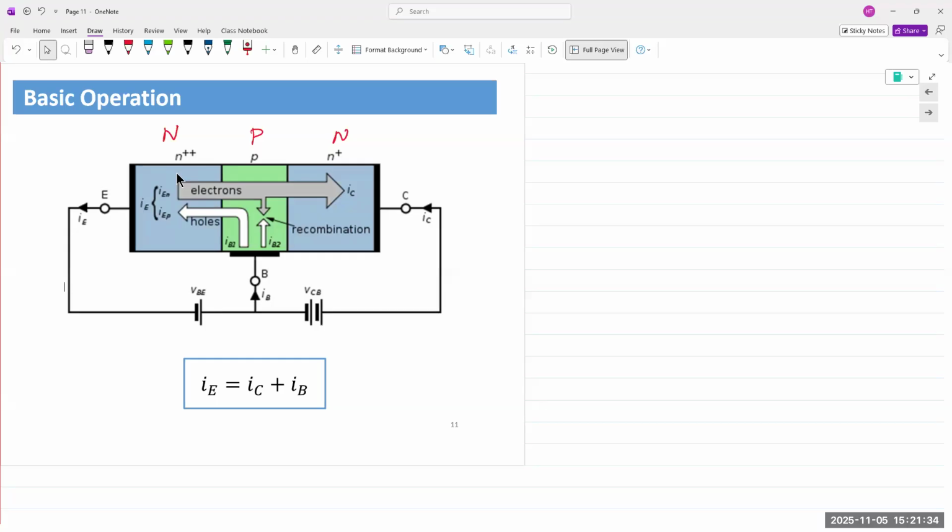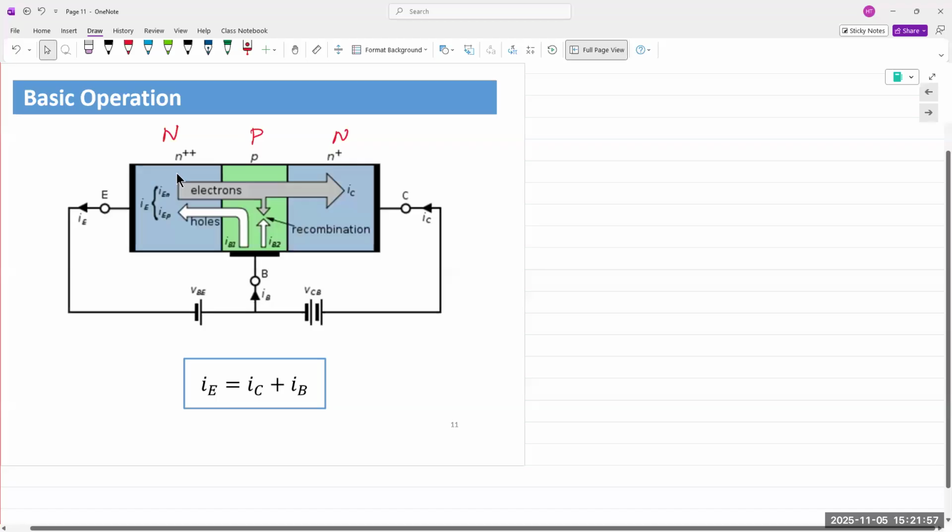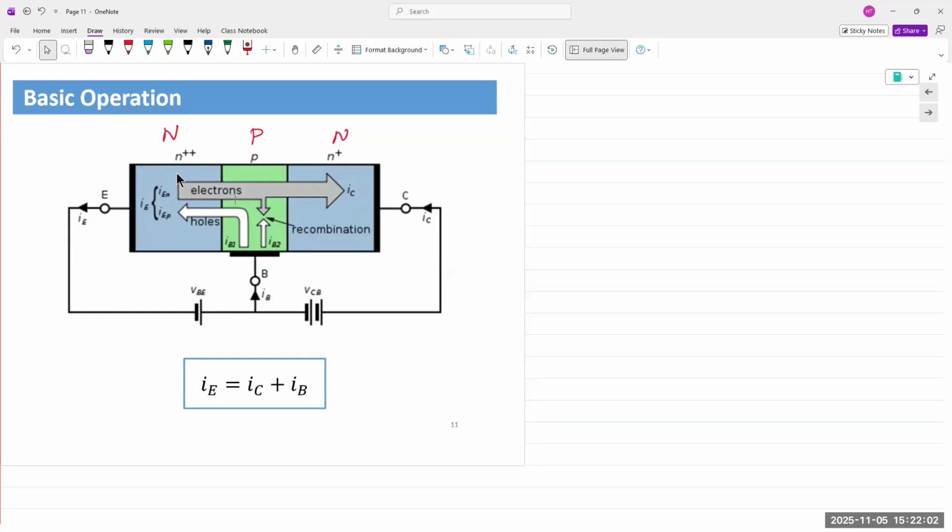All right. We forward bias this junction. Once we forward bias that junction, the electrons cross over into the base. This is what I was talking about last class, right? Electrons cross over into the base. In a PNP, the holes cross over into the base area. Now, the magic here is that the base is very lightly doped compared to the emitter and the collector. So when the electrons come in, recombination occurs, meaning the electrons will jump into the empty spots that holes define.